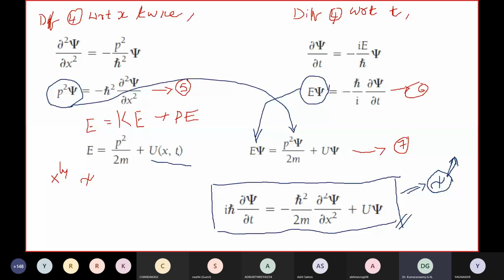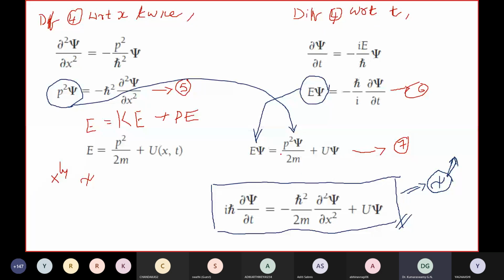It wouldn't depend on the time. It would be time independent. In that case, our equation changes.